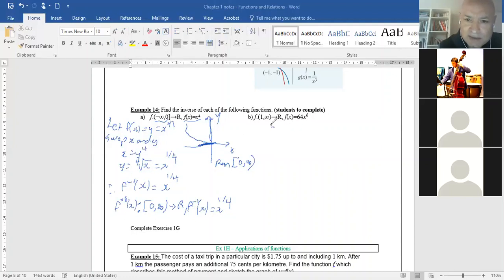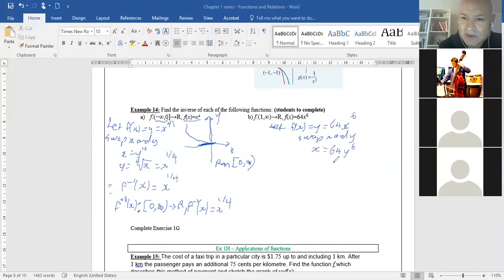Let f of x, I like to call my f of x first. Let f of x equals y, which equals 64 x to the power of 6. Swap x and y, so we get x equals 64 y to the power of 6.